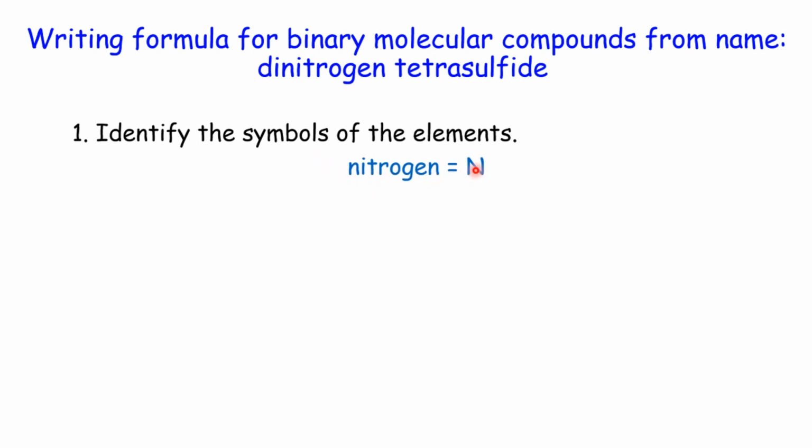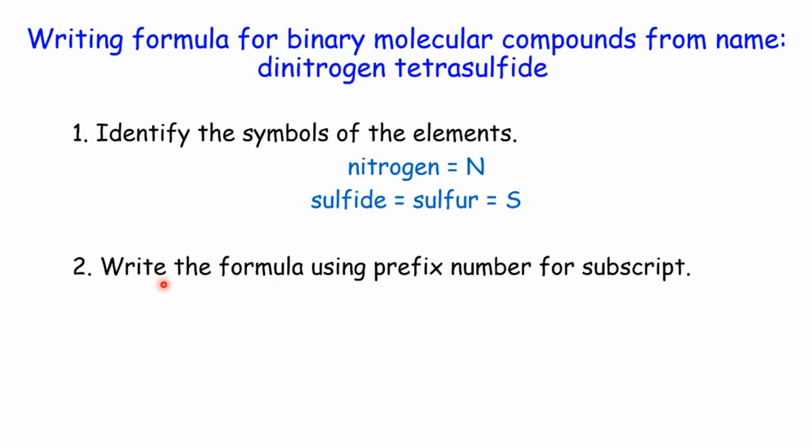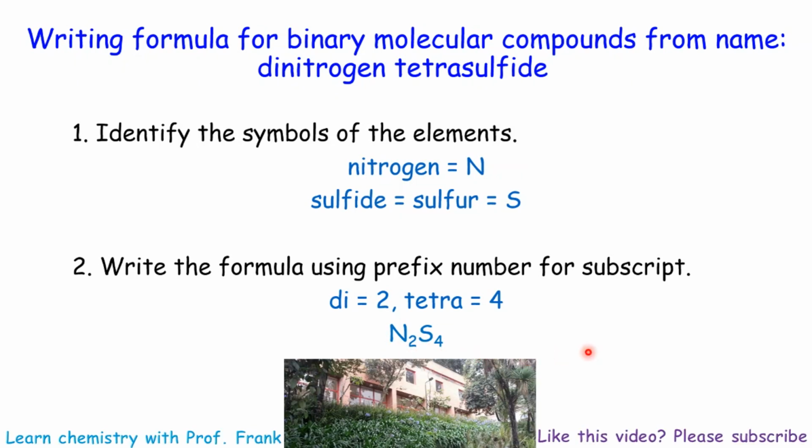Nitrogen, from the periodic table, is N. Sulfide comes from sulfur, and sulfur's symbol is S. Write the formula using prefix numbers for subscripts. Of course, di means 2, tetra means 4. So 2 nitrogen, 4 sulfur, N2S4. That should be the formula for dinitrogen tetrasulfide.